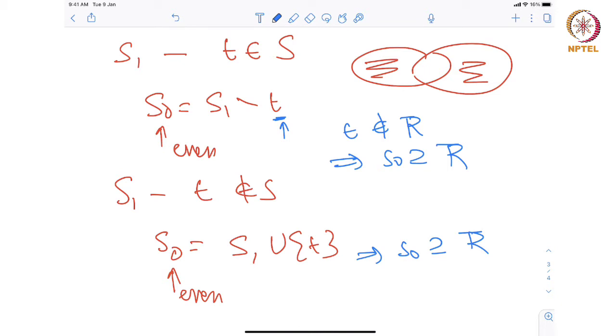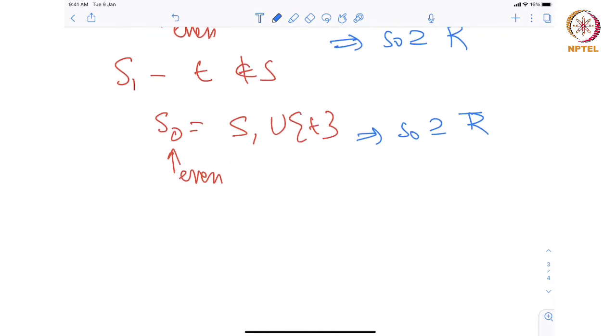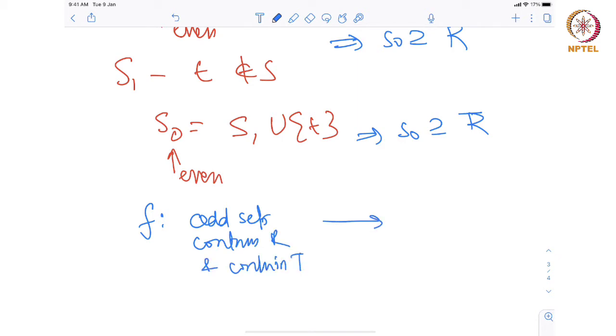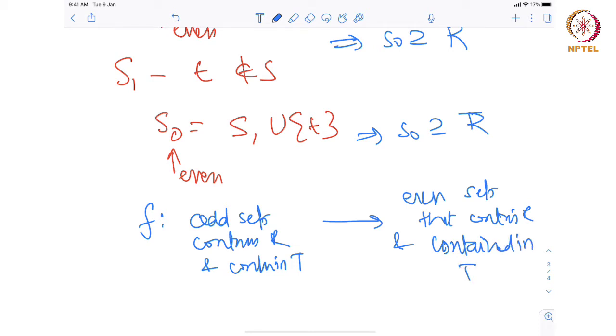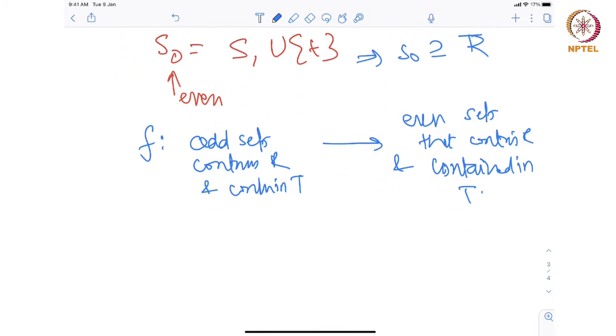So either way, the basic fact of the matter is that we are given a function that maps odd sets containing R and contained in T to even sets that contain R and are contained in T. Okay. So the function is established.